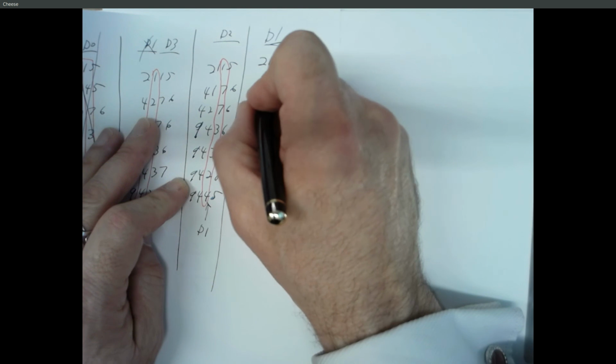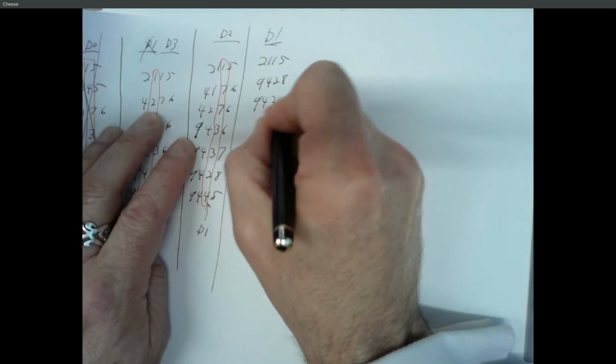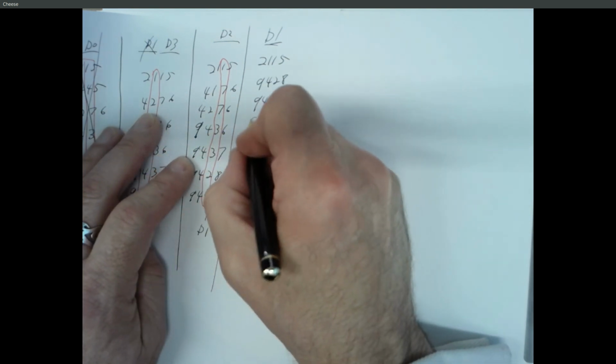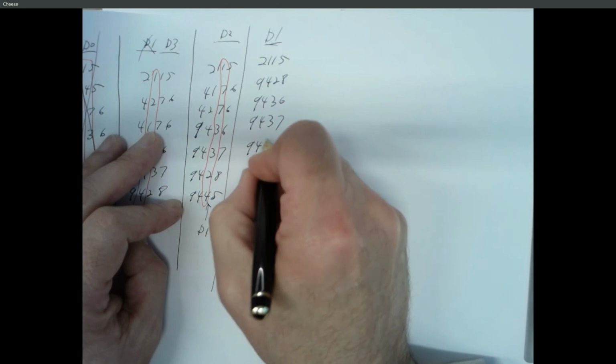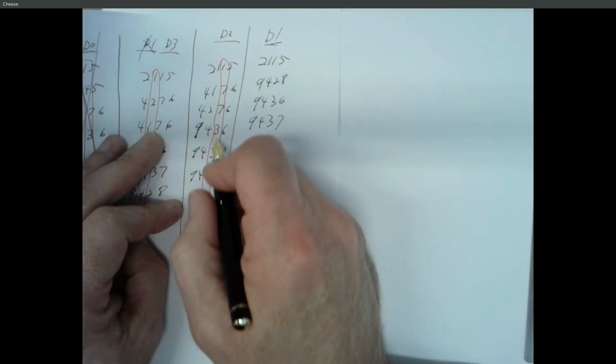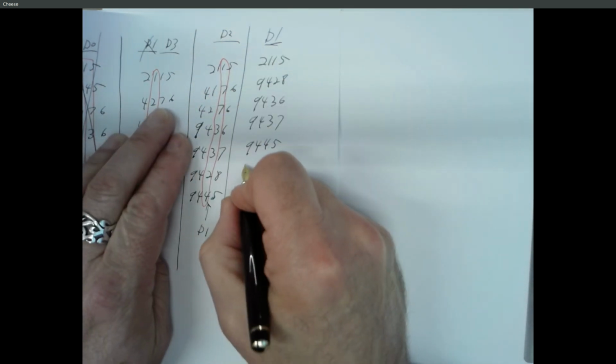There's a 2, 9428. There's a 3, 9436 and 9437. There's a 4. There's no 5s, no 6s. There's a couple of 7s.